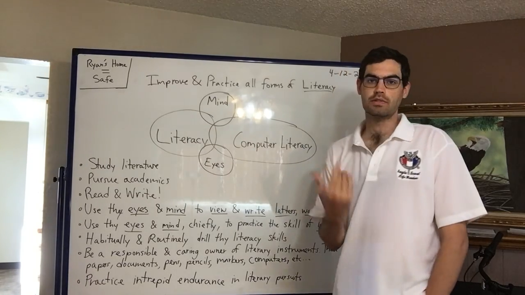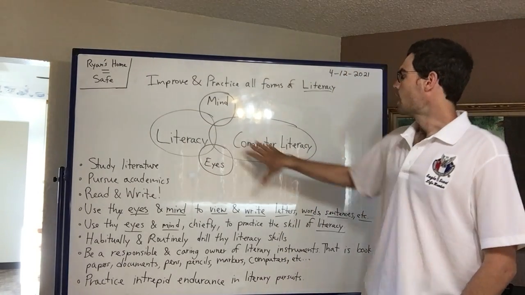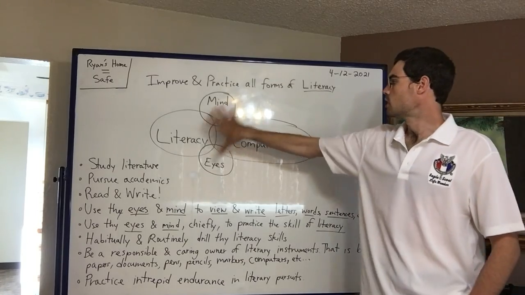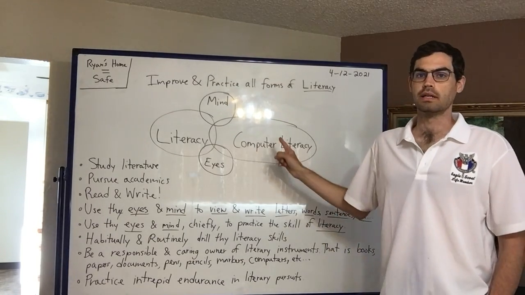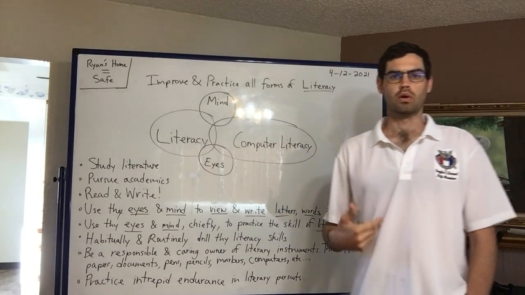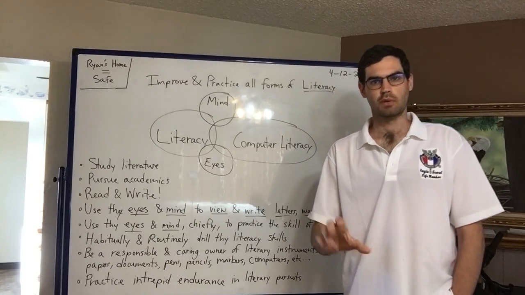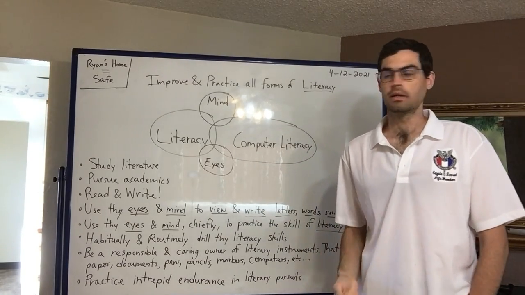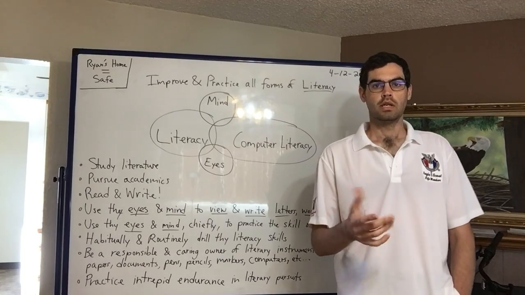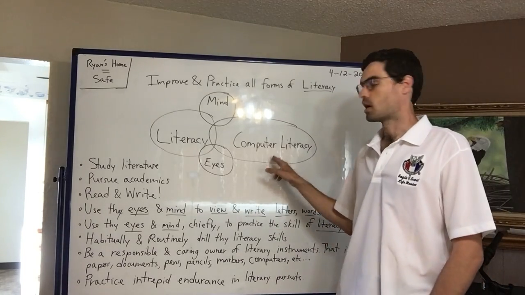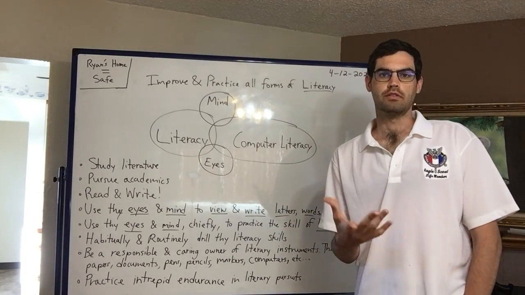And then of course nowadays I've really included computer literacy, and you can see this is actually the biggest circle on the diagram because computer literacy is becoming increasingly important, especially in higher academics and the like. Some people have Nooks or e-readers, some people use laptops or iPads or tablet devices.